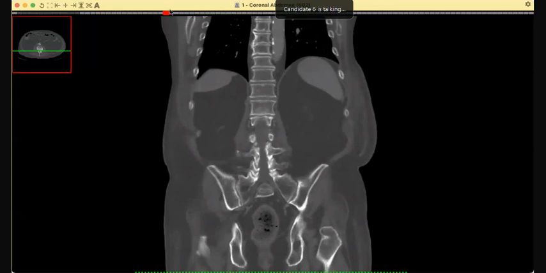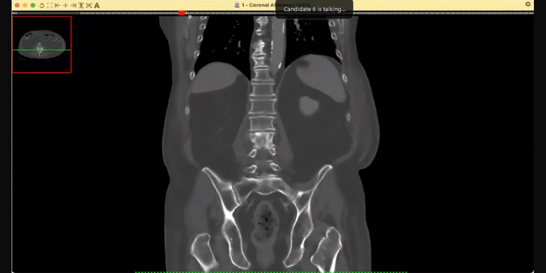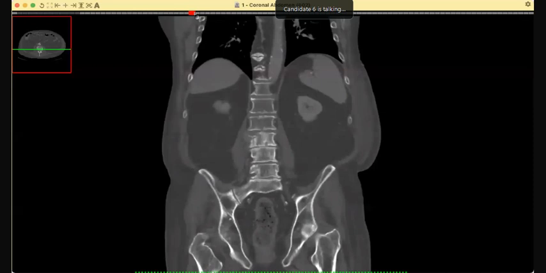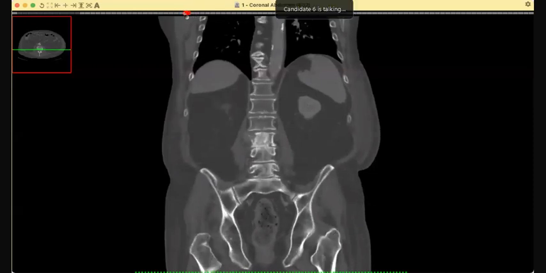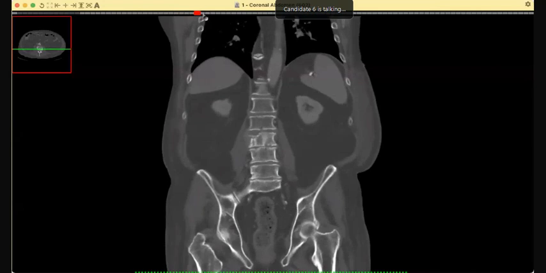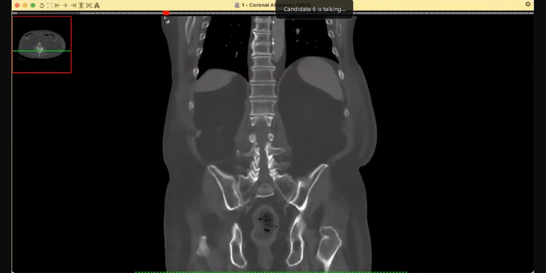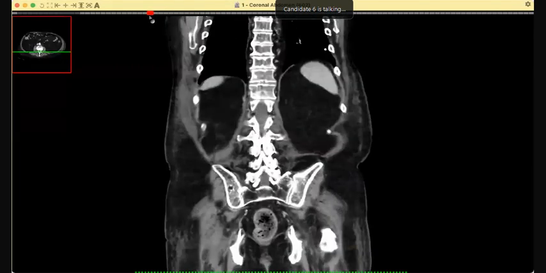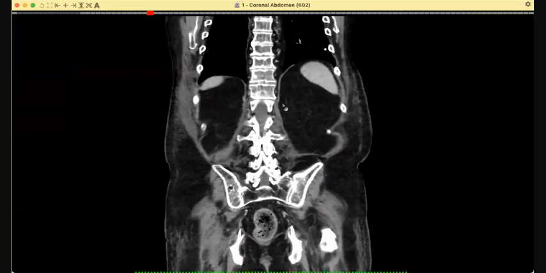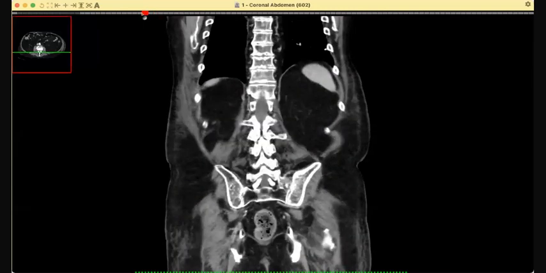Yes, there are lytic sclerotic changes noted in the L3 vertebra with partial collapse of that vertebra. The hip bones appear normal. I've given you once again bone window. Sorry, soft tissue window.